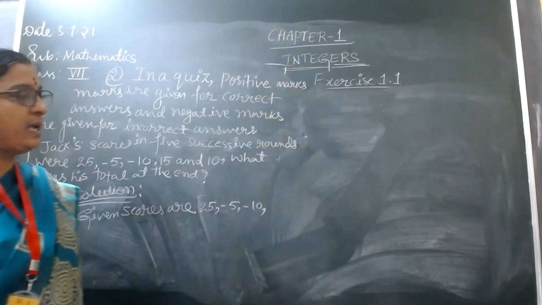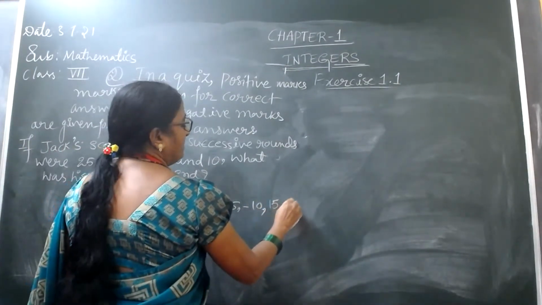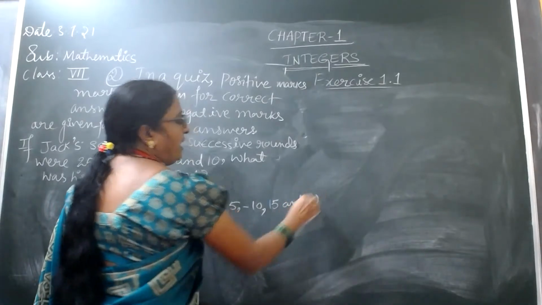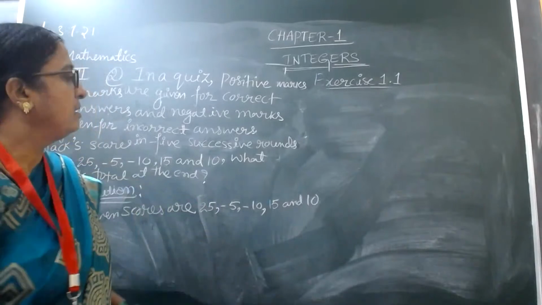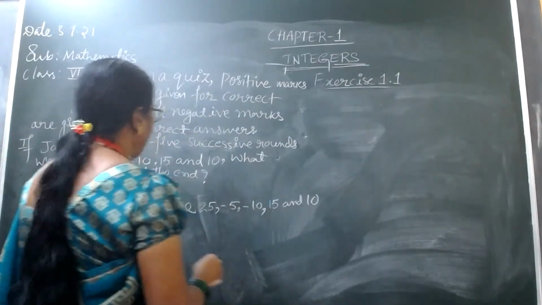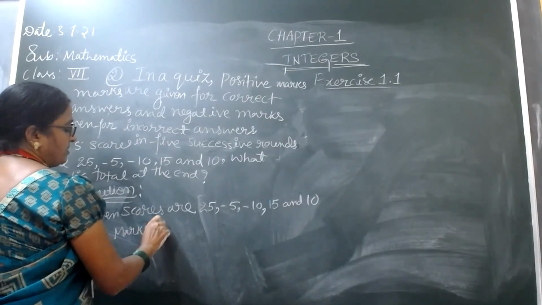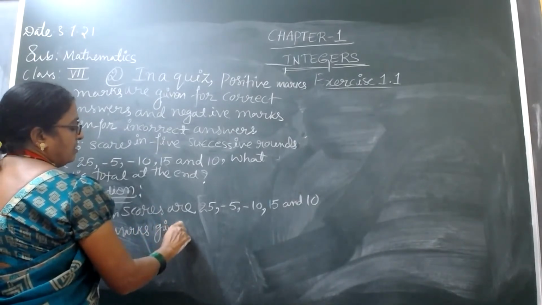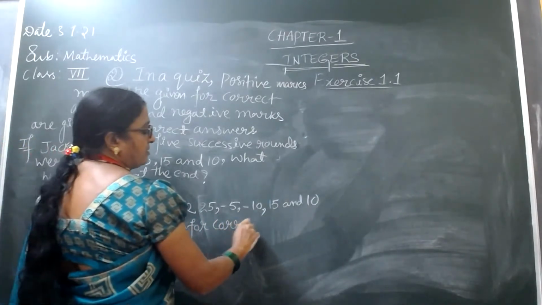25, minus 5, minus 10, 15, and 10. Then what we should write, student?